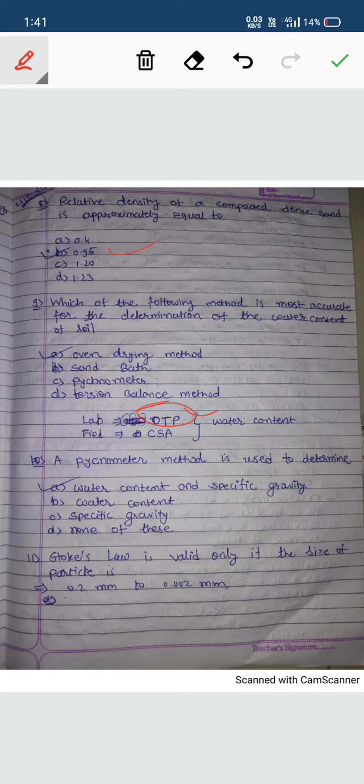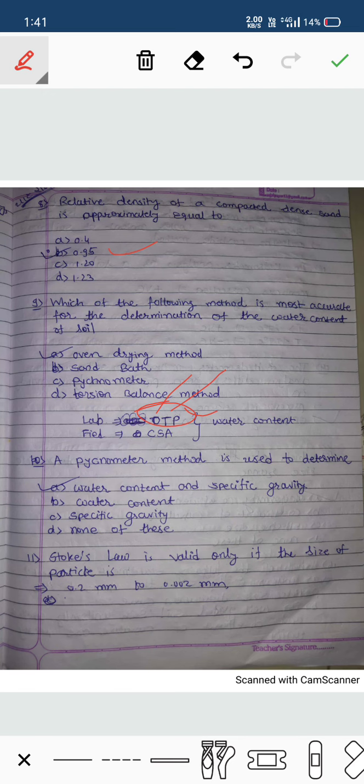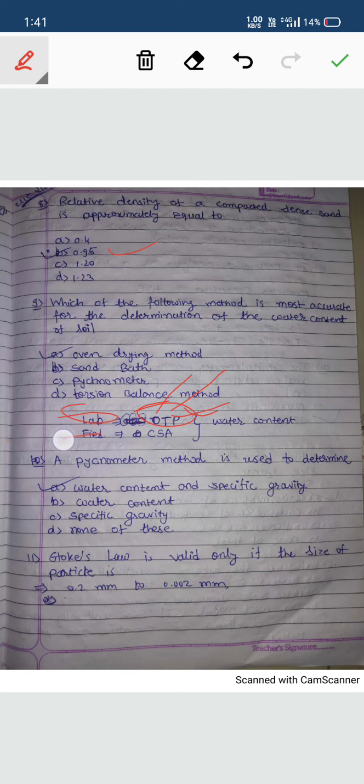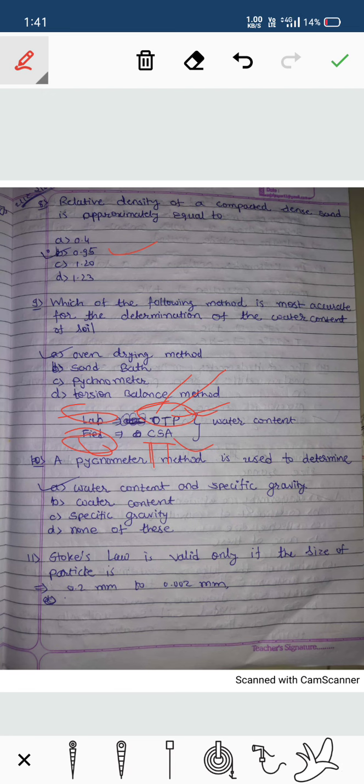First O means the oven dry method, T means the torsional balance method, P means the pycnometer method. OTP are the laboratory tests, and the field tests are CSA: calcium carbide method, sand bath method, and the alcohol method, for the calculation of the water content.